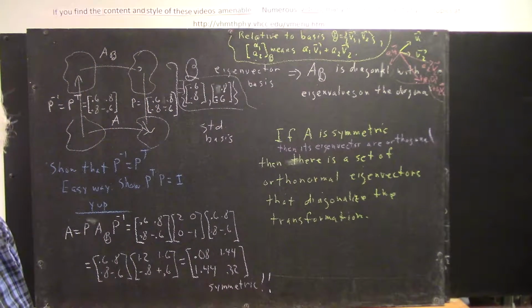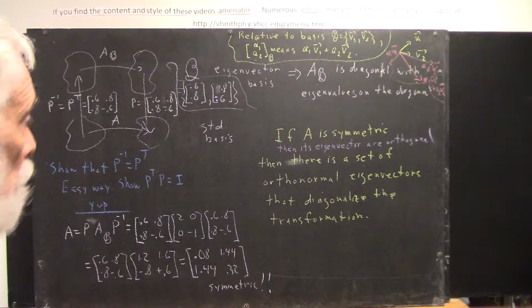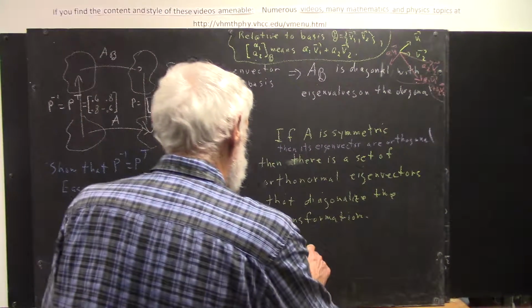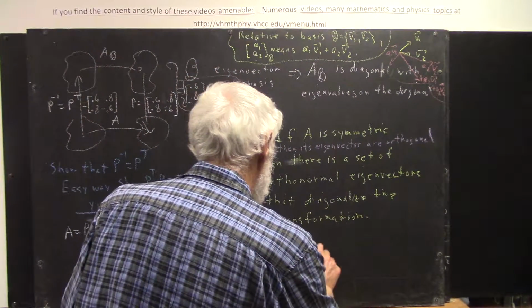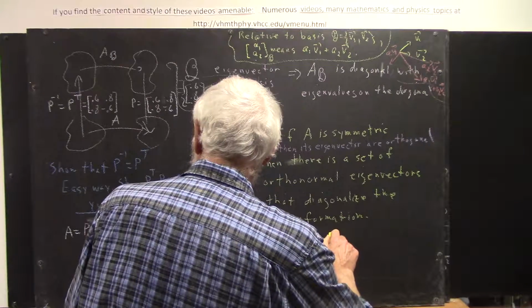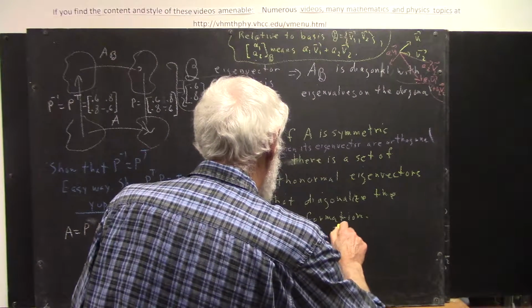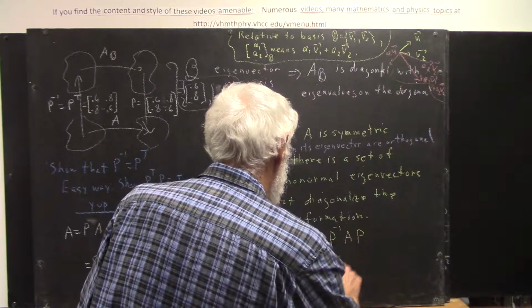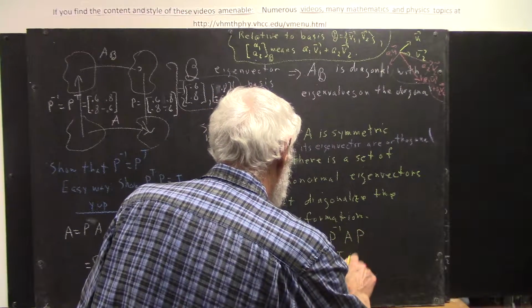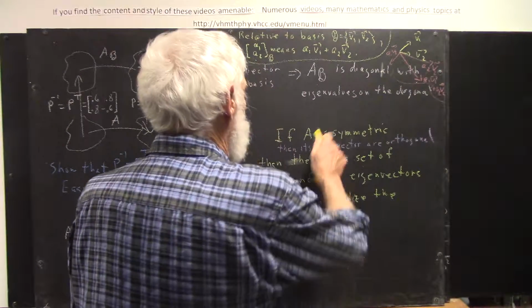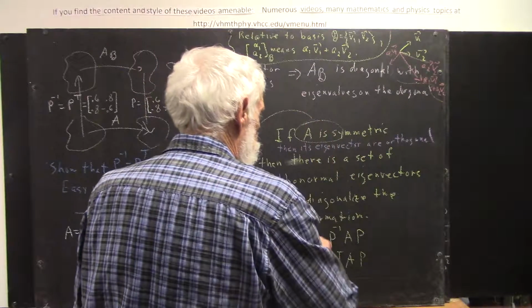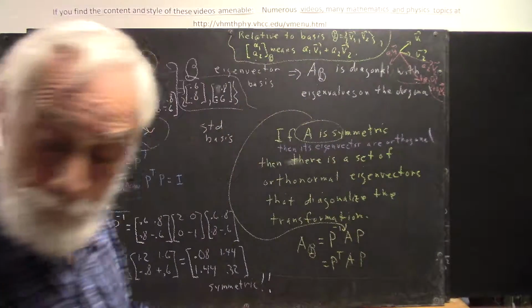And I'll just write it down and you can ponder it. A sub B is P inverse A P, which is P transpose A P. That is, if A is a symmetric matrix.